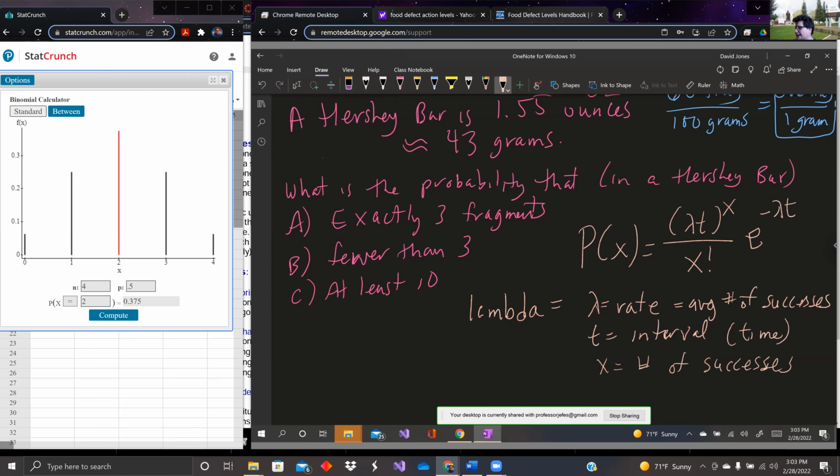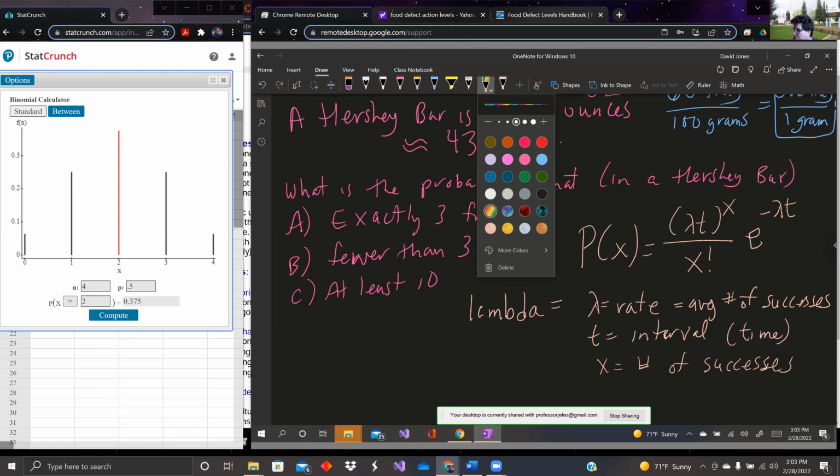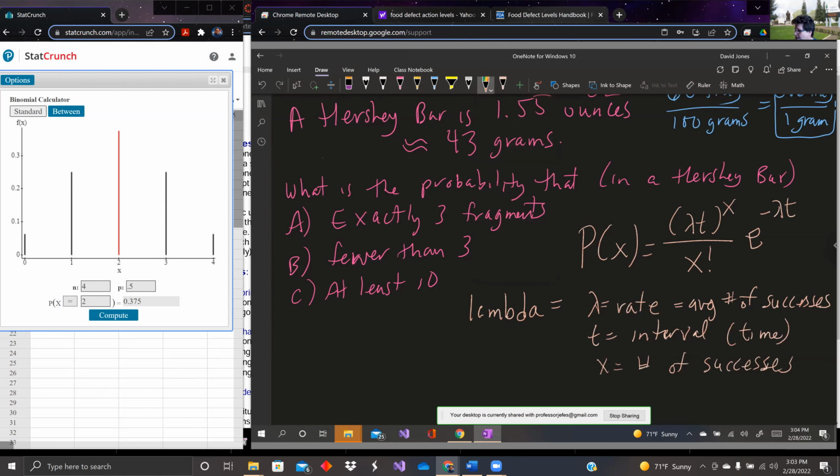Do not do this by hand. In StatCrunch, we're going to have stats, calculators, Poisson.